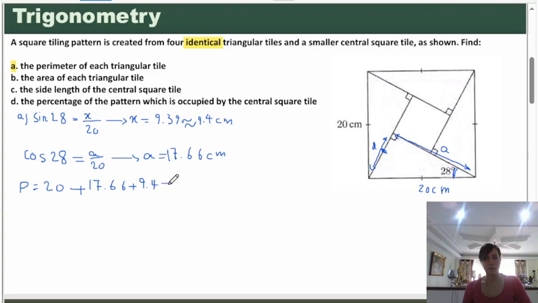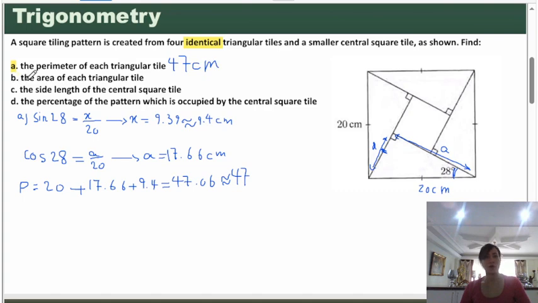I will get 47.06, almost 47. So for part A, I write it here: 47 centimeters, which is my perimeter.